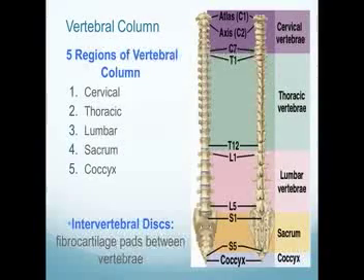Moving further down the vertebral column, we see the thoracic vertebral region. The thoracic vertebral region is made up of 12 different vertebrae that we'll discuss. And then just below the thoracic region, we have the lumbar region, which is made up of 5 vertebrae. And then below that we have our sacral region, or our sacrum, and in our sacral region we have 5 vertebrae that in adults become fused.